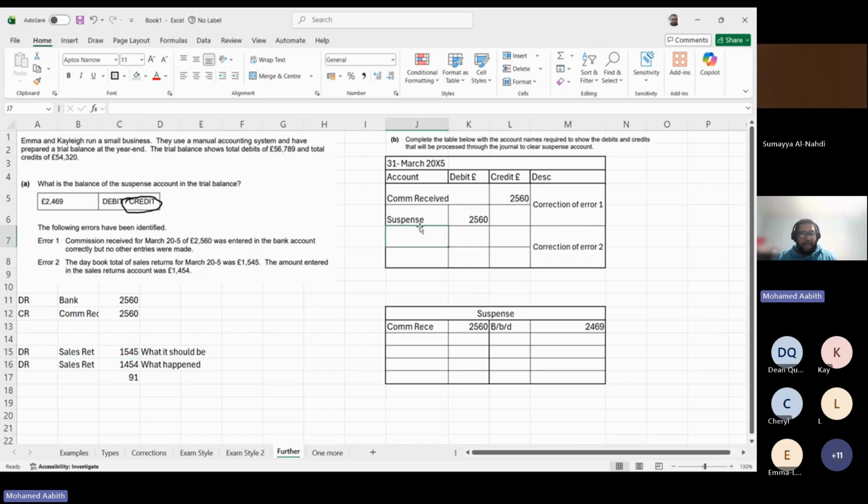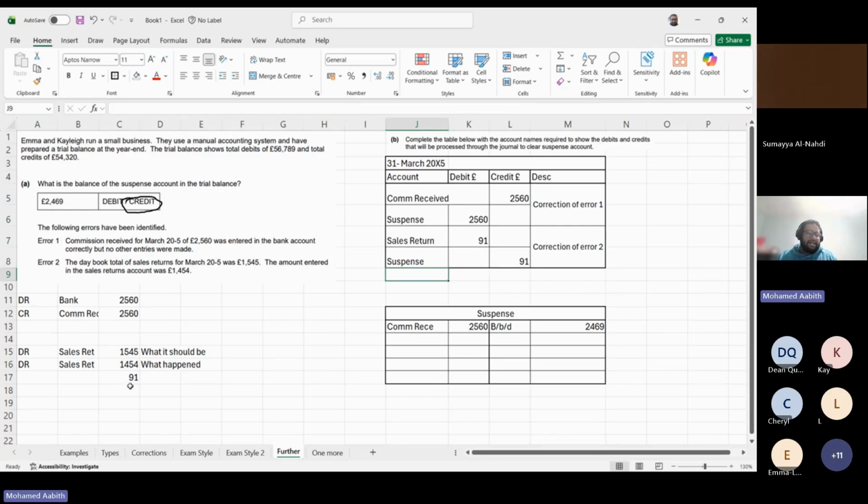So what we will do here, we'll say sales return £91 debit, and here the suspense account will be £91 credit, because they didn't mention any error happening anywhere else. They only said the sales return account should have 1545, but they had 1454 instead. Okay, 1545, 1454.